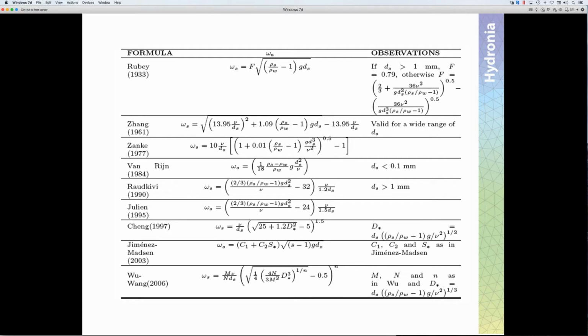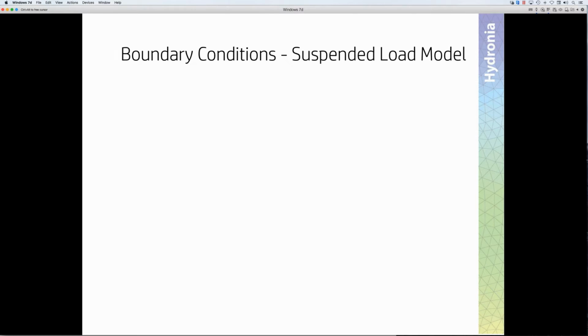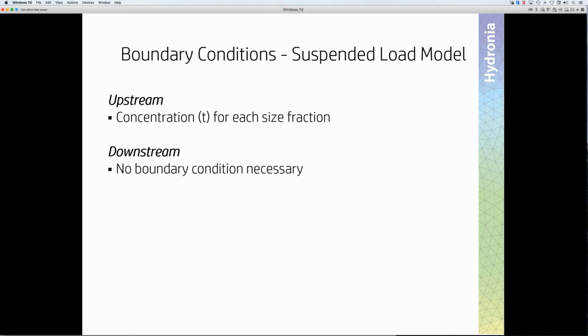And you have also several options for the settling velocity. The boundary conditions for the suspended load model include, for upstream, the concentration for each size fraction. So this is a requirement. So you need to provide each fraction concentration upstream. And downstream, you don't need to provide any conditions. So it's relatively simple to set up a model like this.